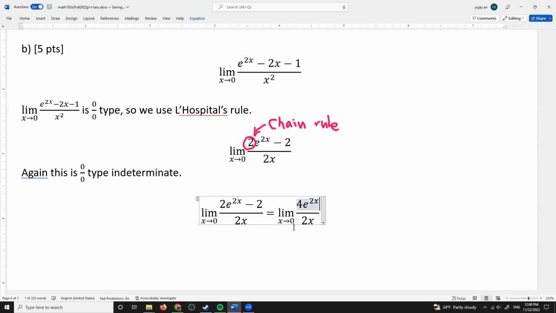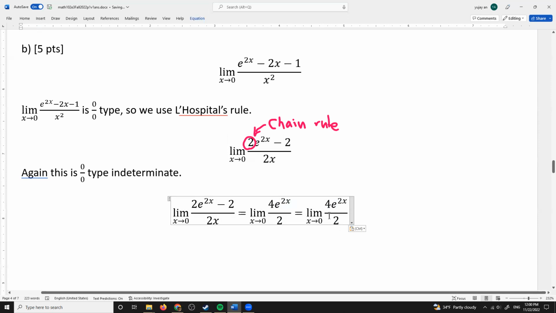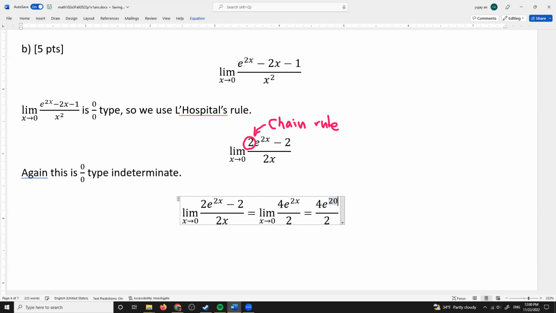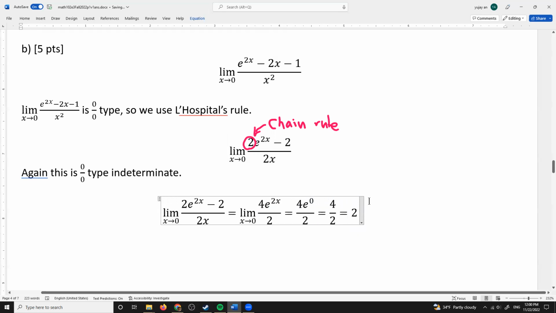Negative 2 will go away, and this will just give 2. And then you plug in 0, which is just 0. And that gives you just 4 over 2, which is 2. So 2 is the answer.